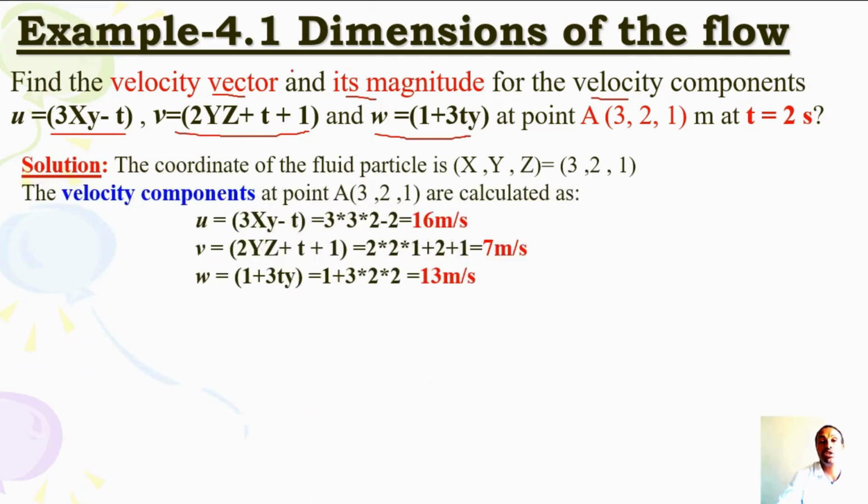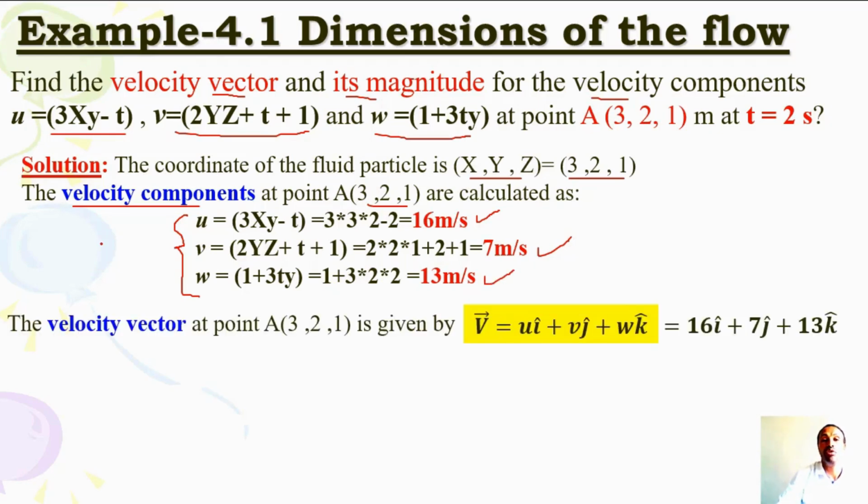As the solution, the coordinate of the fluid particle is given as (3, 2, 1), and the velocity components at this point are calculated by simply substituting in each coordinate axis. Then you can find the velocity components u, v, and w. Substituting the values of these coordinates, you get u, the x direction velocity, 16 meters per second, v 7 meters per second, and w 13 meters per second.